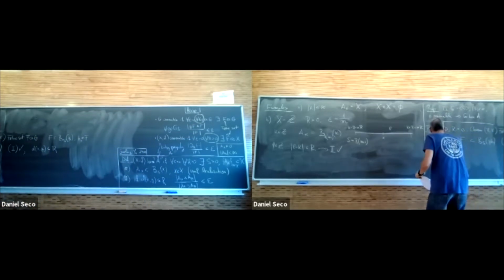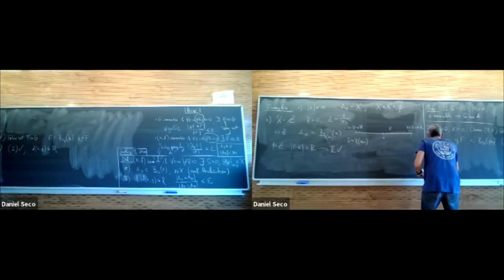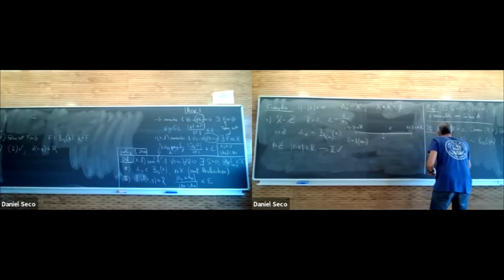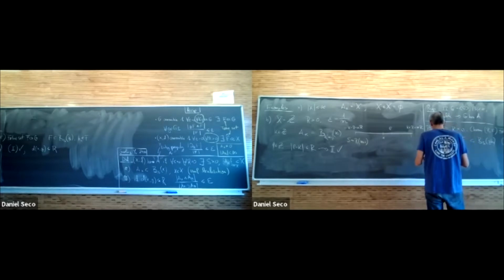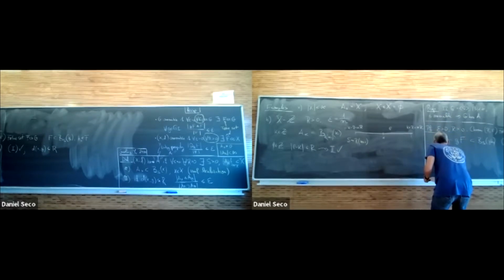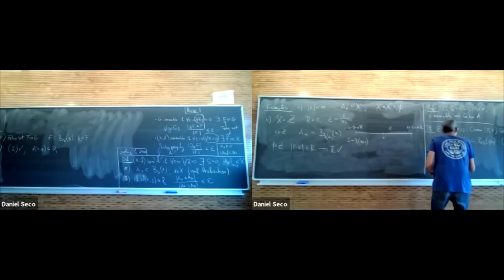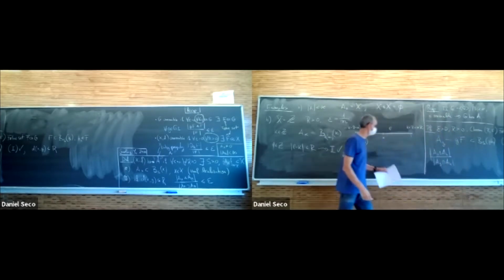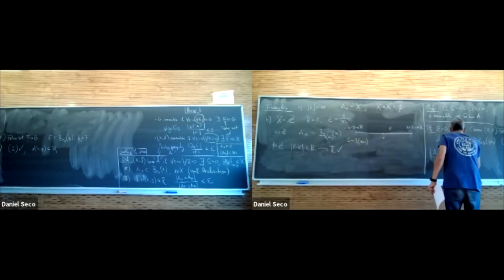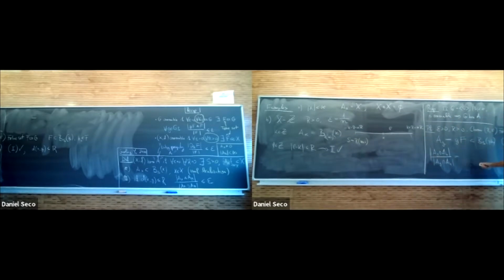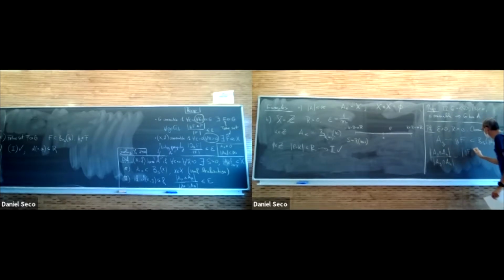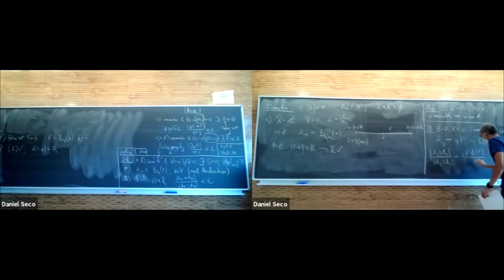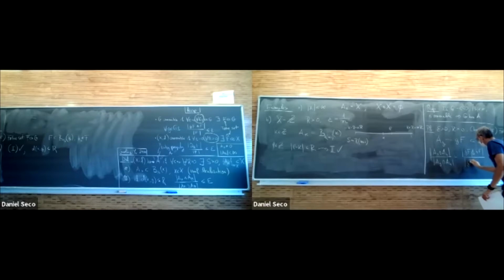And now I have to compare AG symmetric difference AH with AG intersected with H whenever I'm close enough. And close enough means the distance below R. And so I write down my definition, and that's GF symmetric difference HF divided by the intersection of these two.